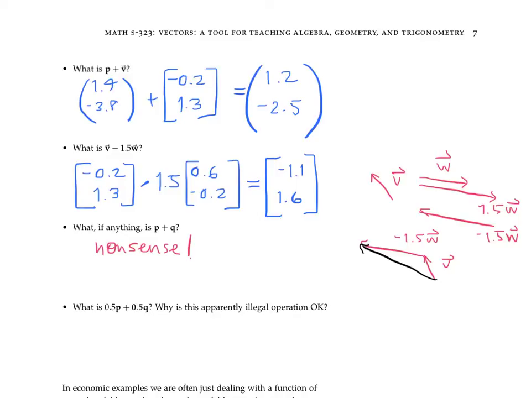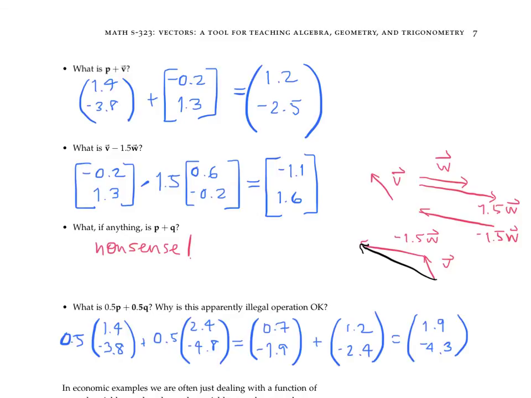Last but not least, we have 0.5p plus 0.5q. It seems like that would be an illegal operation, but why is it okay? What would 0.5p plus 0.5q equal? Let's write it down first. So you see that our first step is really to distribute that scalar multiple out in front into each of the points. Then when we add them together component by component, what do we get?